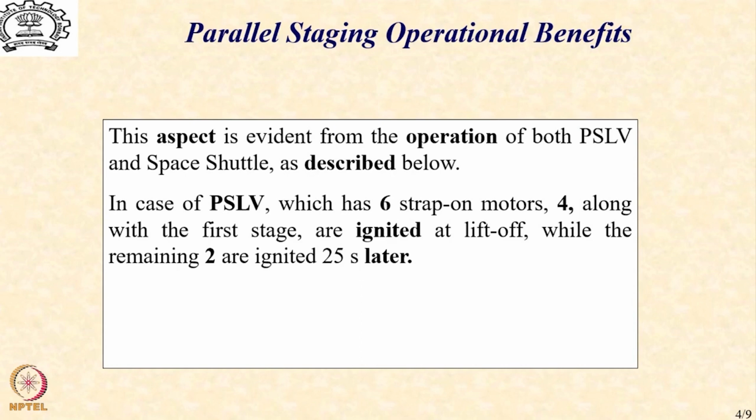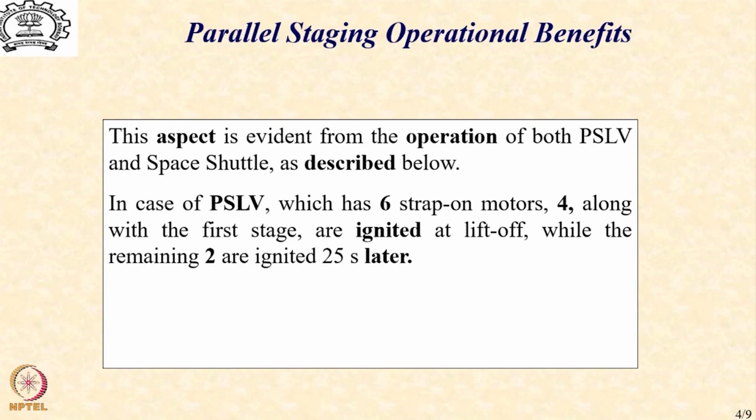So you use only 4 of them at the liftoff along with the first stage. So both of them fire together, indicating a heavier lift capability, and the remaining 2 are ignited 25 seconds later.